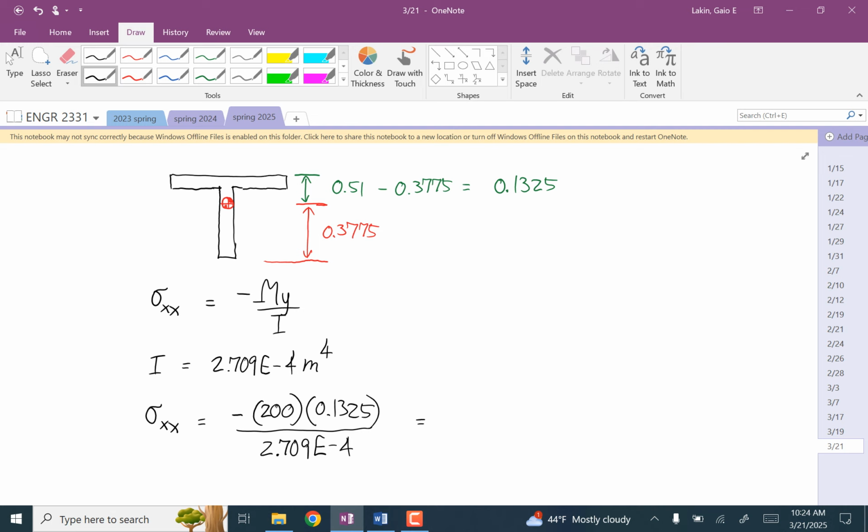And we get a value of negative 0.098 megapascals.